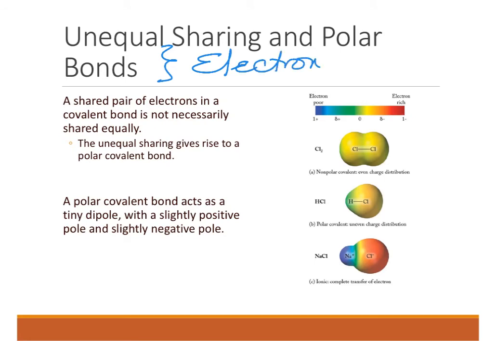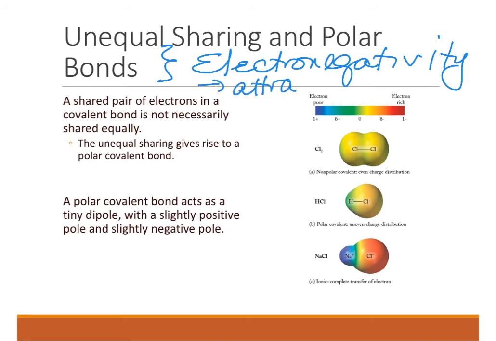All right, so what is electronegativity? Electronegativity is the attraction an atom has for extra electrons.